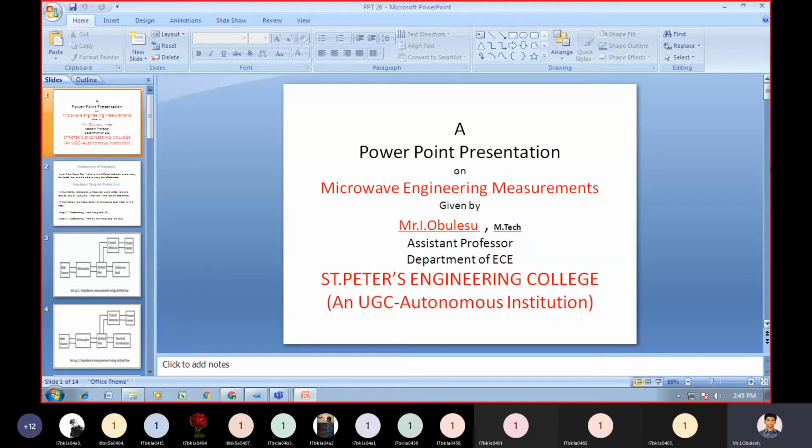If you want to represent your voltage standing wave ratio in terms of a reflection coefficient, it means the ratio of reflected power to incident power. Based on this S value, you need to classify it again into two types: measurement of low power VSWR, and the second one is measurement of high power VSWR.